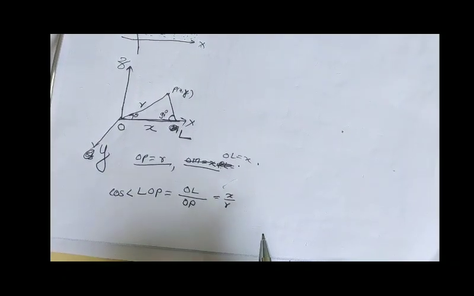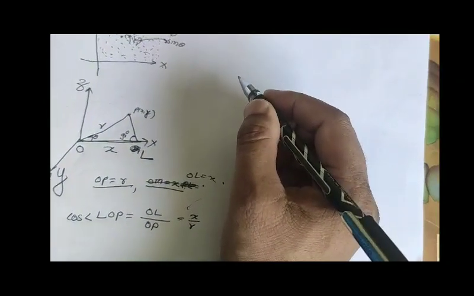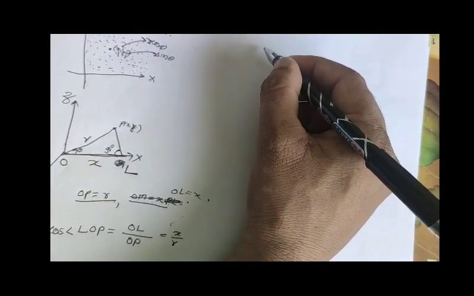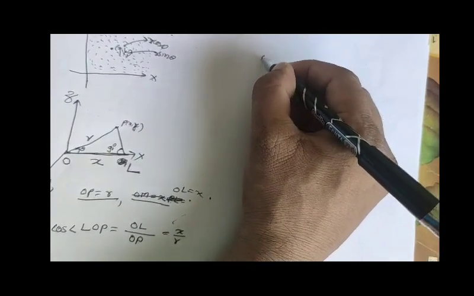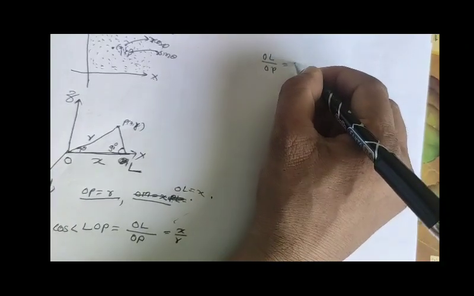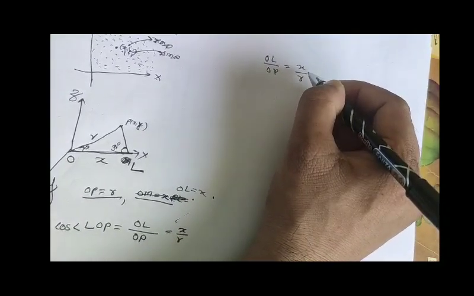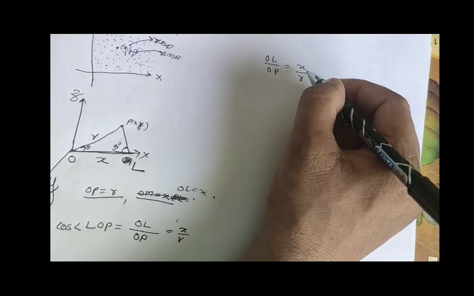Here we get OL divided by OP is equal to x divided by r.